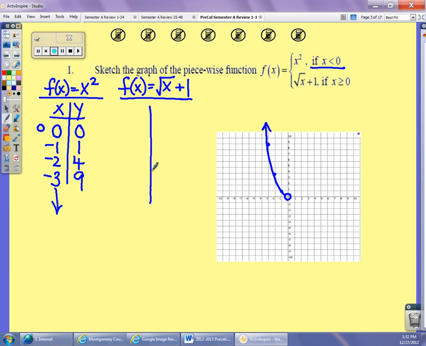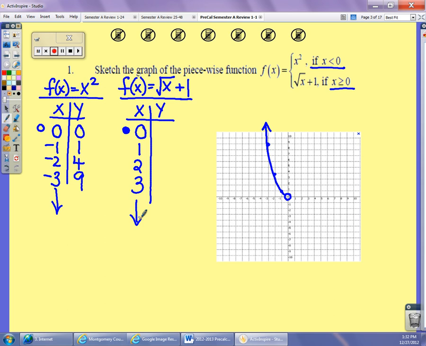Now again, our data table is going to start at 0, but this time we're going to remember to put a closed circle next to it because it says x greater than or equal to 0. We're interested in the values greater than, so we're going to complete our x side of our table with values bigger than 0, like 1, 2, and 3, and then we're going to plug those in.